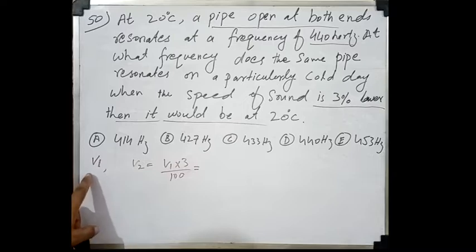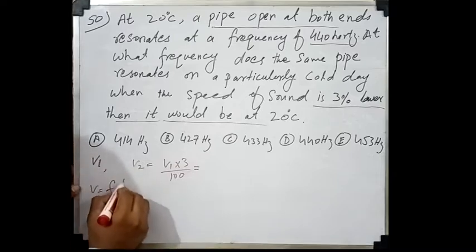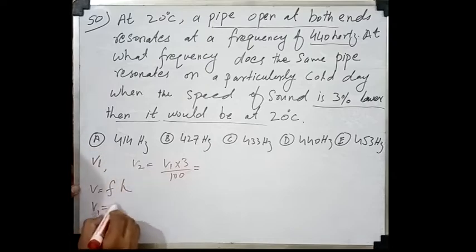Now we have that V is equal to F lambda. If this is V1, then this will be F1 lambda. If this is V2, then this will be F2 lambda.